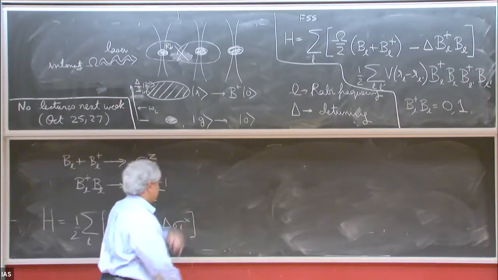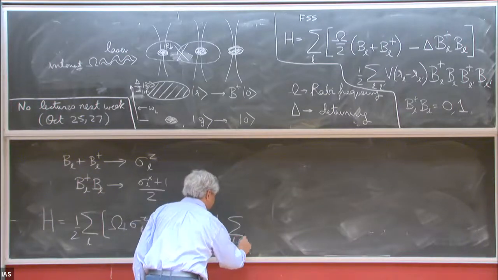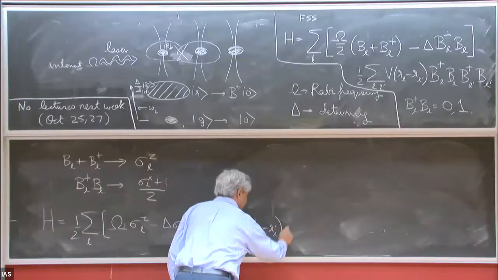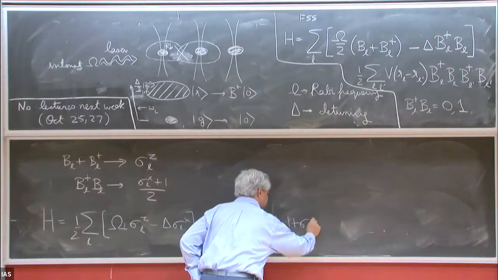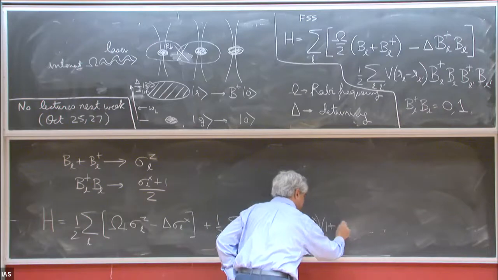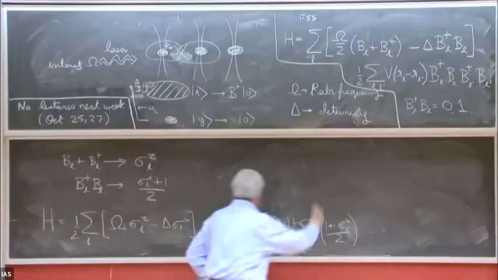And then I have this term: I have a sum over L, L prime of V of R_L, L prime, times (1 plus sigma x L) over 2, times (1 plus sigma x L prime) over 2. Okay.